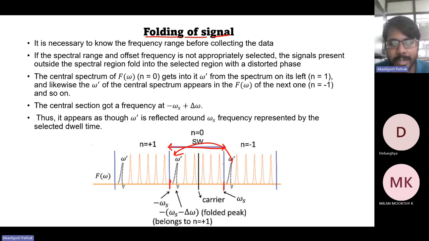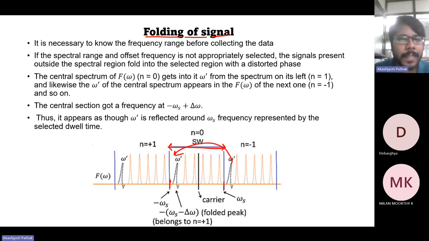As you can see, there is a signal which is present outside the spectral width, and because the spectral width was not appropriately selected, this causes the signal present outside the spectral width to fold back into the spectral width with a distorted phase.